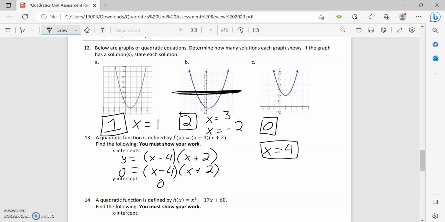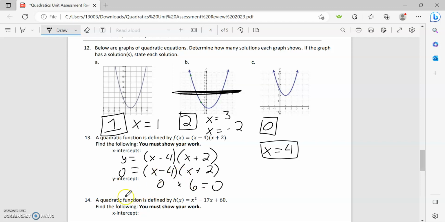That's 0, times, well, x is 4, so 4 plus 2 is 6. 0 times 6 is still 0. So one intercept is at x equals 4, because the intercept is when it crosses the x-axis.